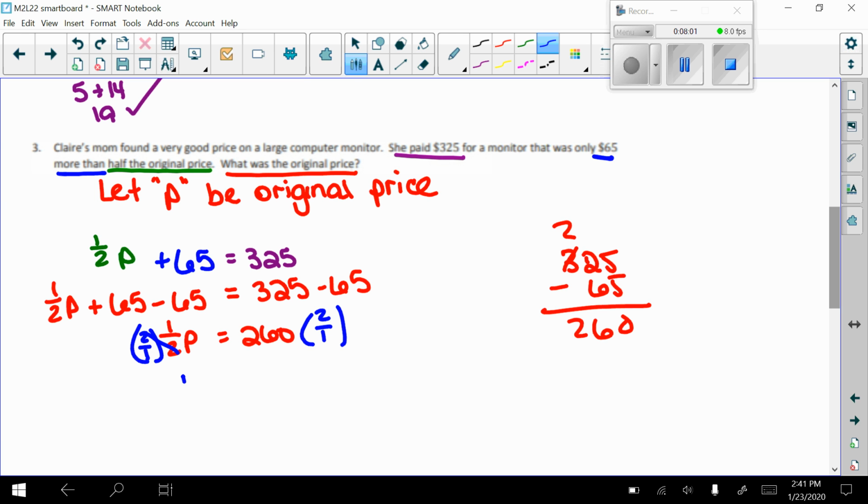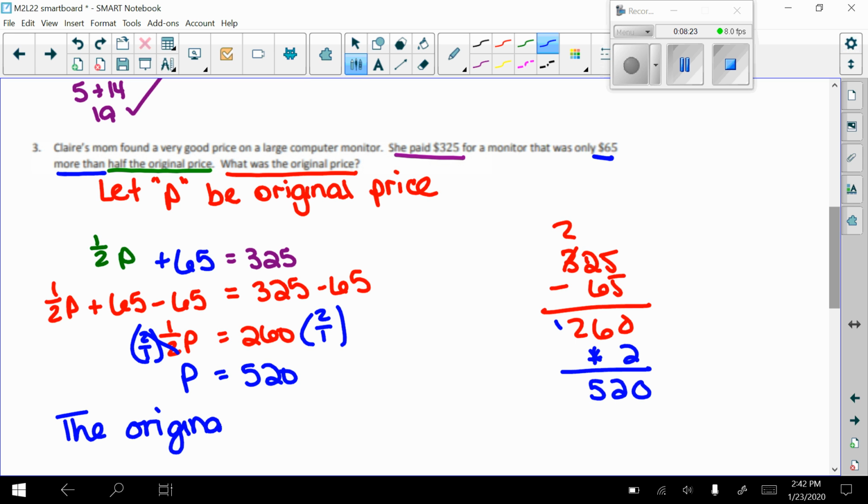So those become just P, 1P, is equal to 260 times 2 over 1, which is 260 times 2. 0. 2 times 6 is 12. 2 times 2 plus 1 is 5. So P equals 520. The original price was $520.